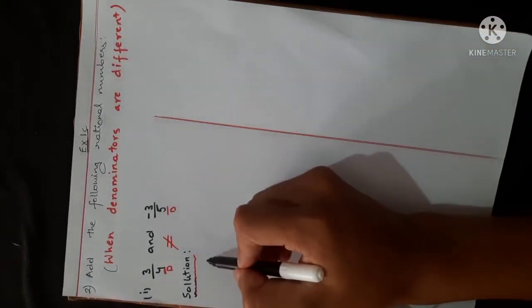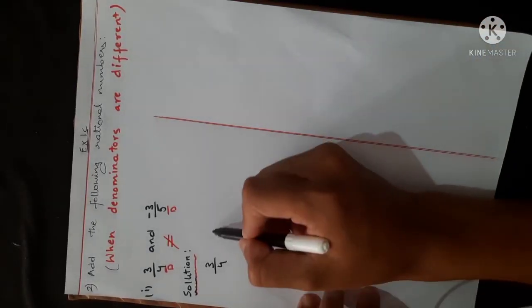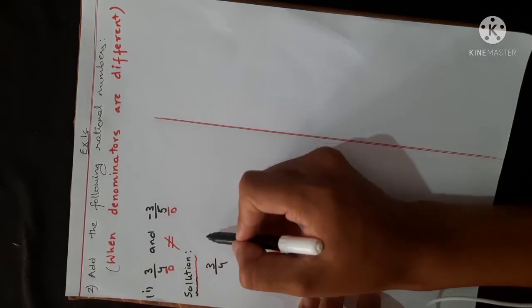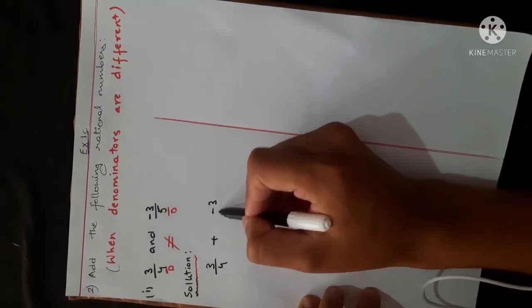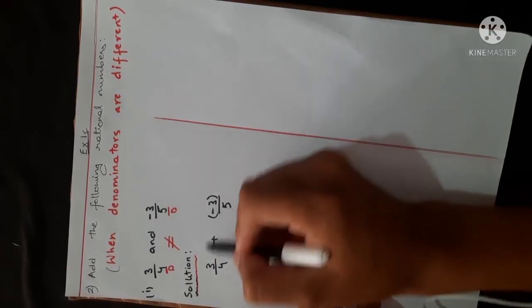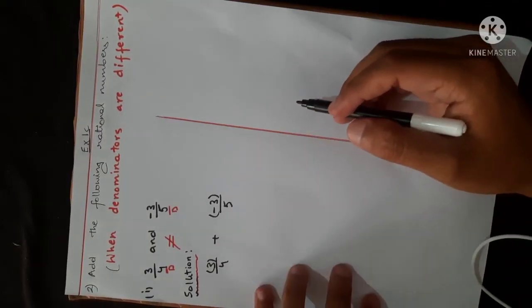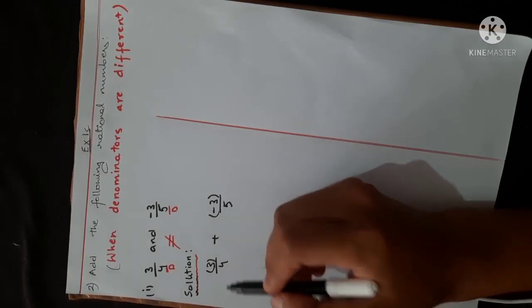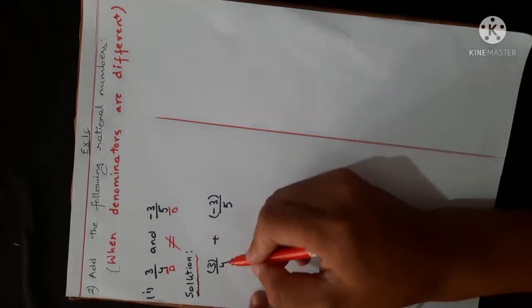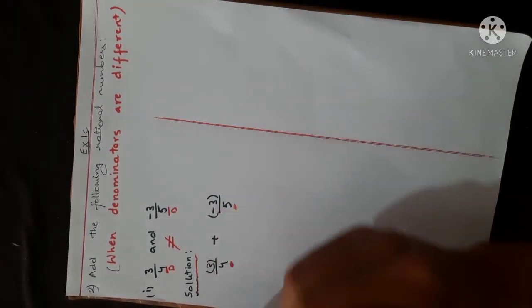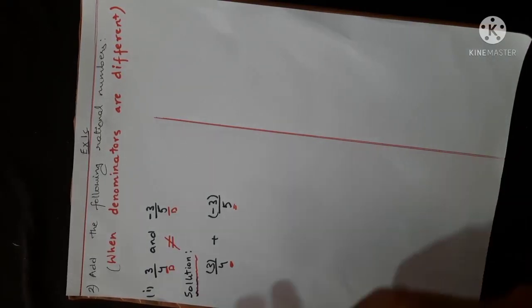So here 3 by 4, we have to add, then plus minus 3 by 5. So here what should we do? We first find the LCM of these denominators, 4 and 5.